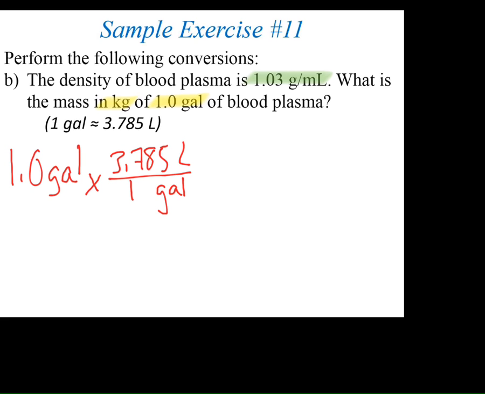Awesome. Okay, now I'm in liters. How can I get from liters to kilograms? How can I relate volume, liters, to kilograms mass? Liters to ml. Okay. Well, this right here tells me grams and milliliters. So, yeah, I can take my liters and get them into ml, and then I'm a little closer. You see that?